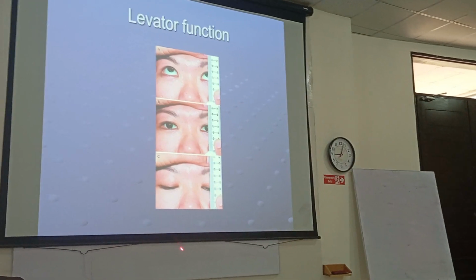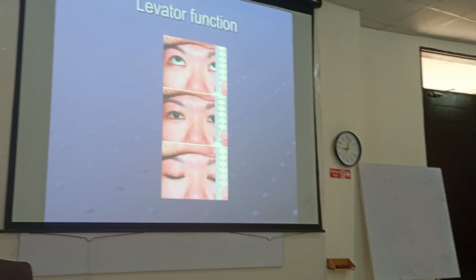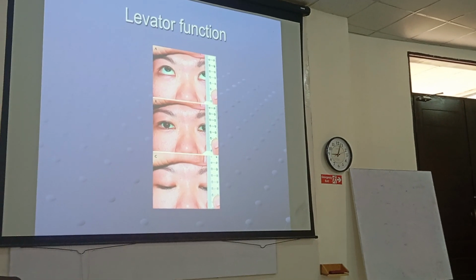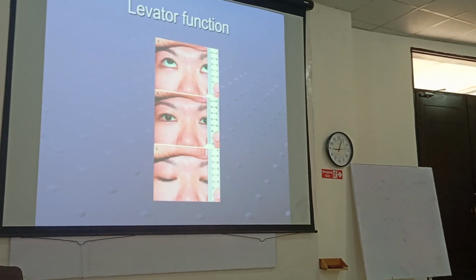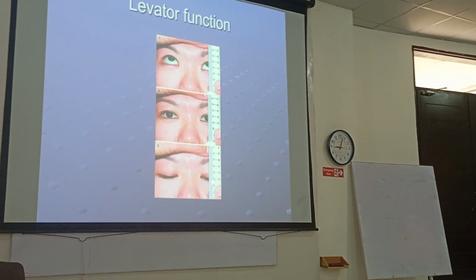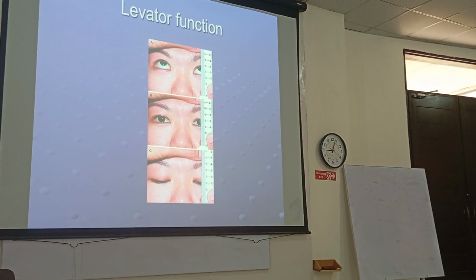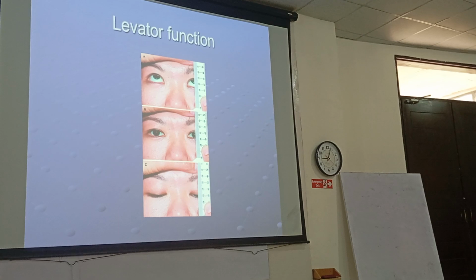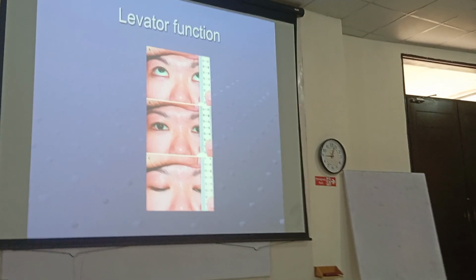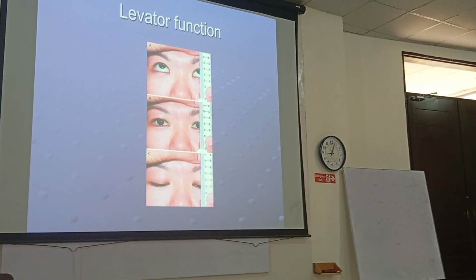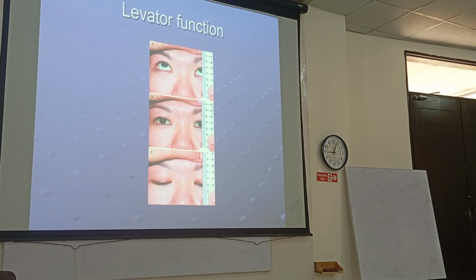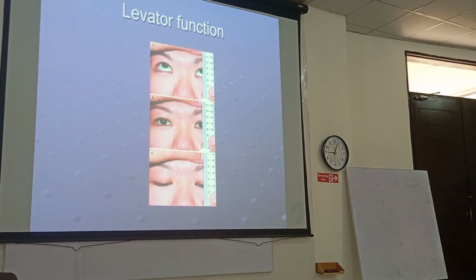After that you will ask the patient to move as up as he can. Then you will measure the lowermost distance to the uppermost distance. How much eyelid has moved from the lowermost position to the uppermost position? It is very simple. Got it?